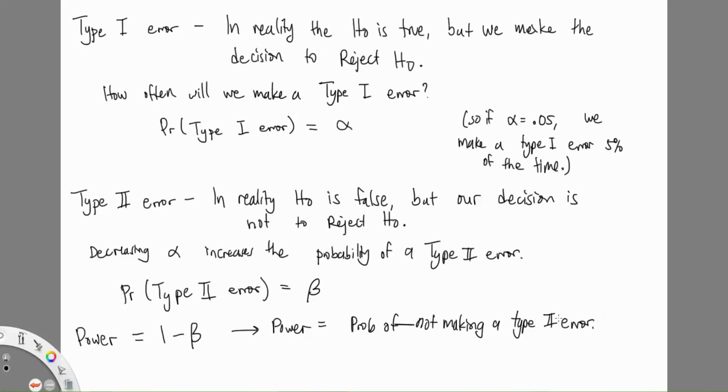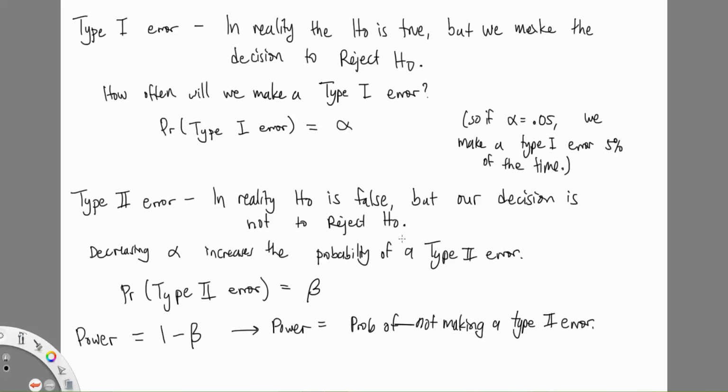And what does it mean to not make a type 2 error? 1 minus beta, no, that's the probability, and that's power. But I'm asking, what does it mean? Type 2 error says, in reality, the null is false, and our decision is not to reject the null. So not making that mistake would mean in reality, the null is false, and our decision is to reject the null.